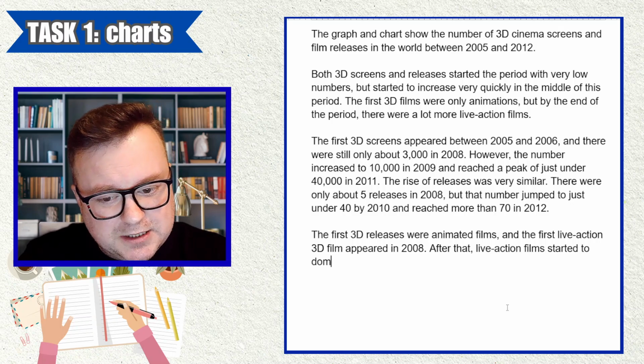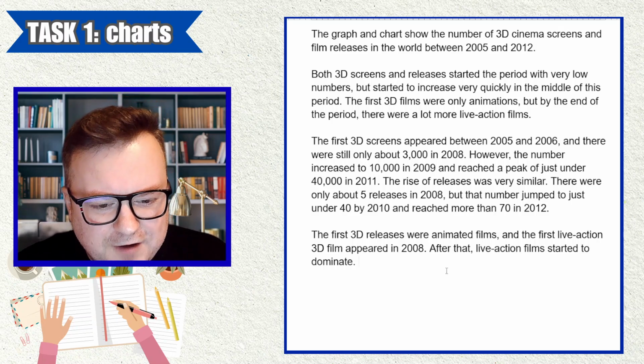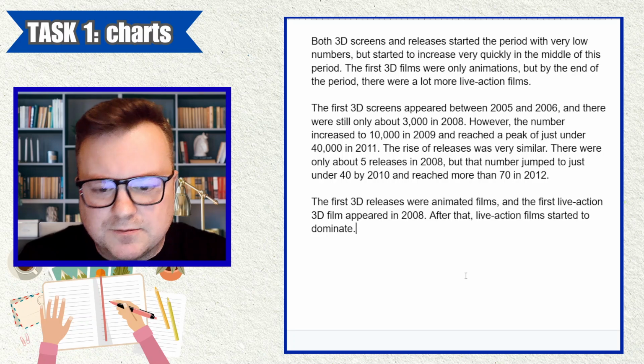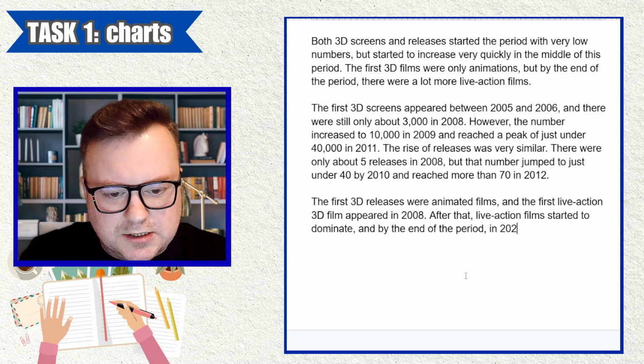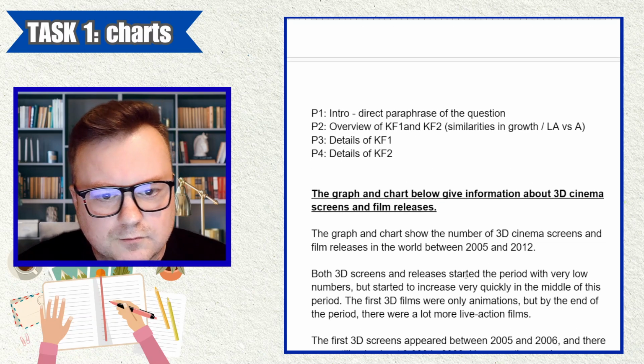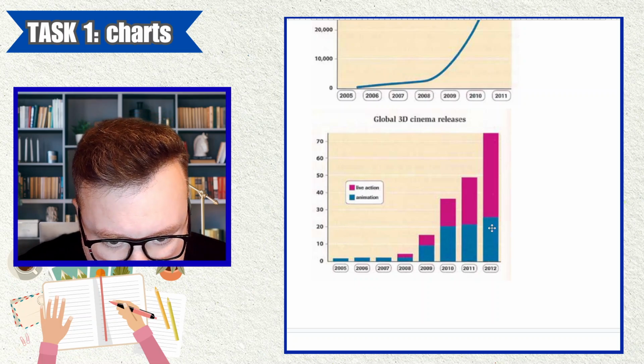Can you find that, my dear B2? Can you find that word dominate? After that, live action films started to dominate. And by the end of the period in 2012, okay, let's do some counting. 20.